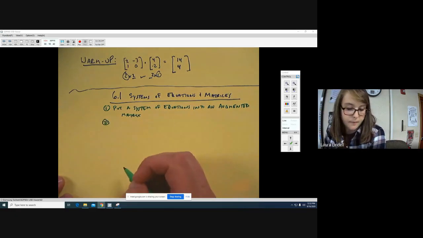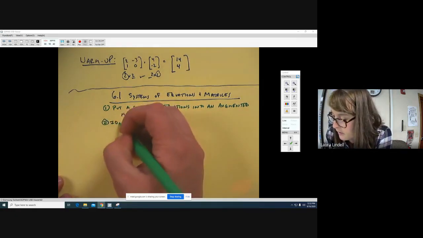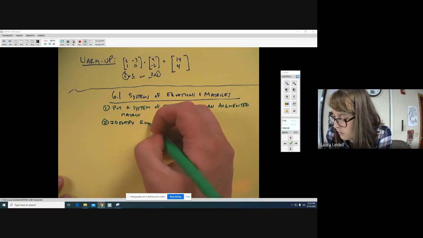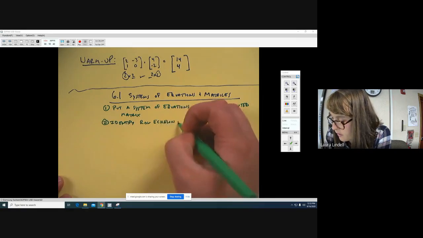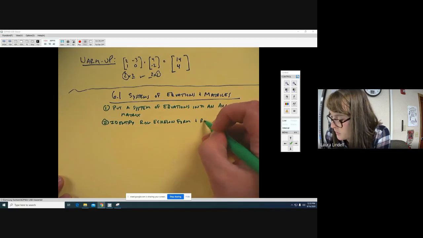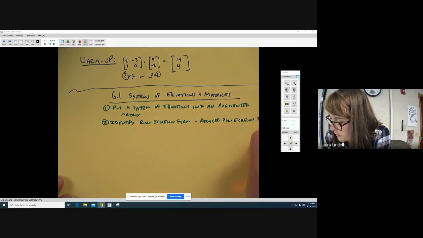The second thing is we're going to be able to identify something called row echelon form and reduced row echelon form.